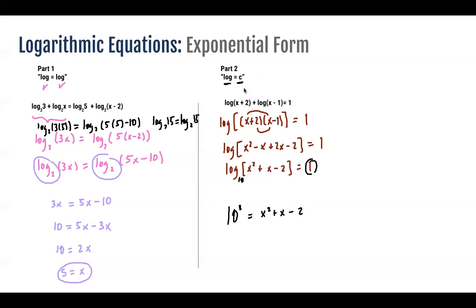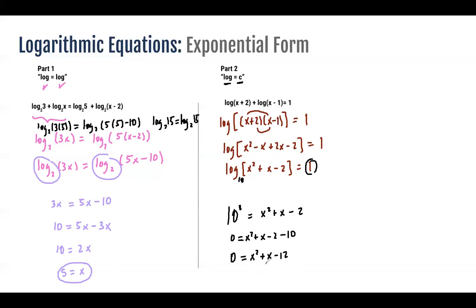And now, in order to solve this equation, we need to have all terms on one side and set the equation equal to 0. That's going to get you 0 is equal to x squared plus x minus 2 minus 10. So that 0 is equal to x squared plus x minus 12.